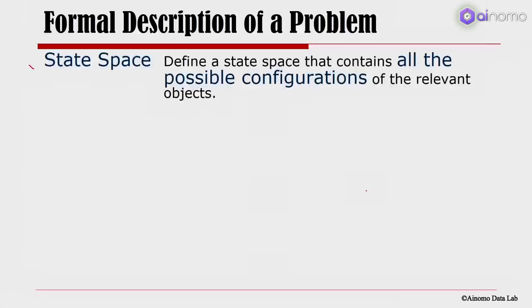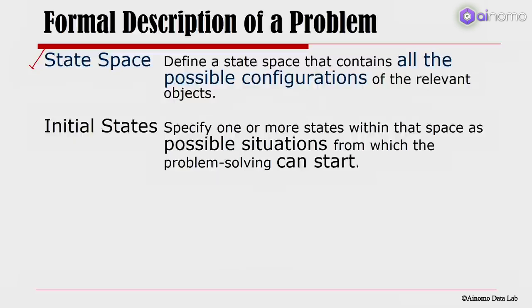Now here is the formal description of a problem. Number 1, the state space. The state space defines all possible configurations of the relevant objects. Number 2, the initial state. The initial state specifies one or more states within that space as the possible situation from which problem solving can start.